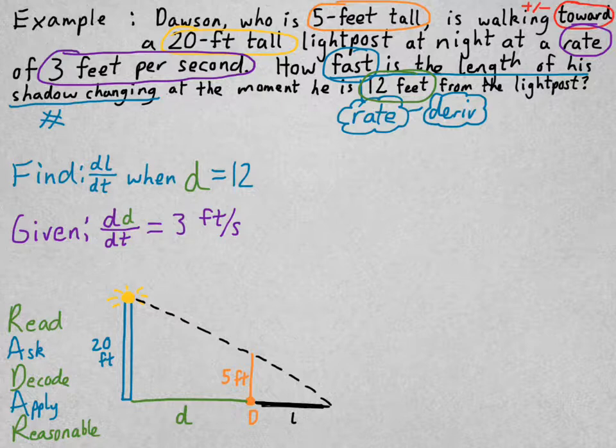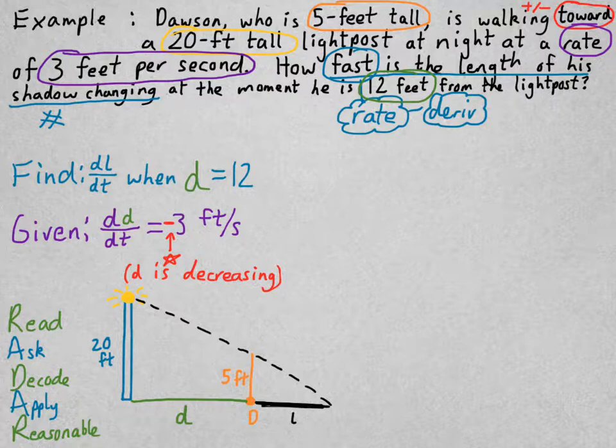In particular here, he is walking toward the light post, so that distance D is decreasing. Hence, that dt, oh great, I just did make it more confusing with the letter D, didn't I? Oh well, okay, so dD/dt is negative 3 feet per second because D is decreasing by 3 feet per second. Okay, so I have that information.